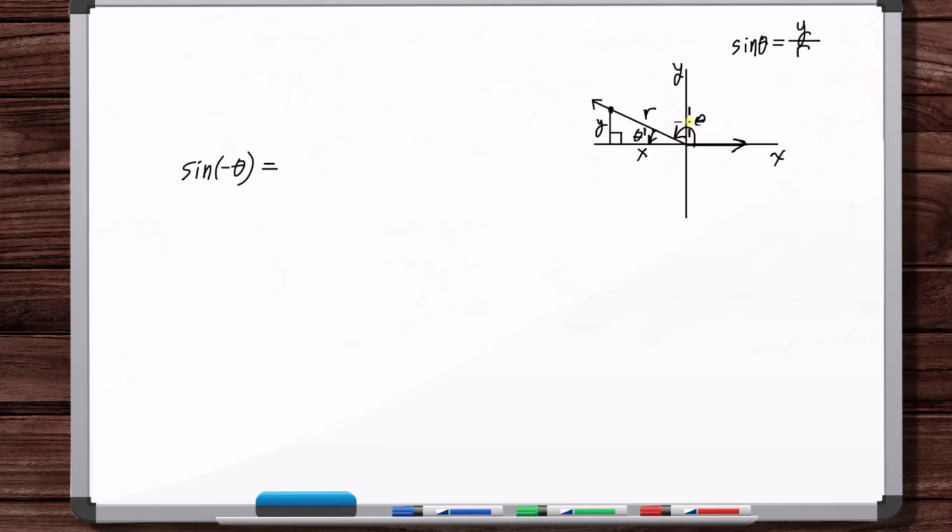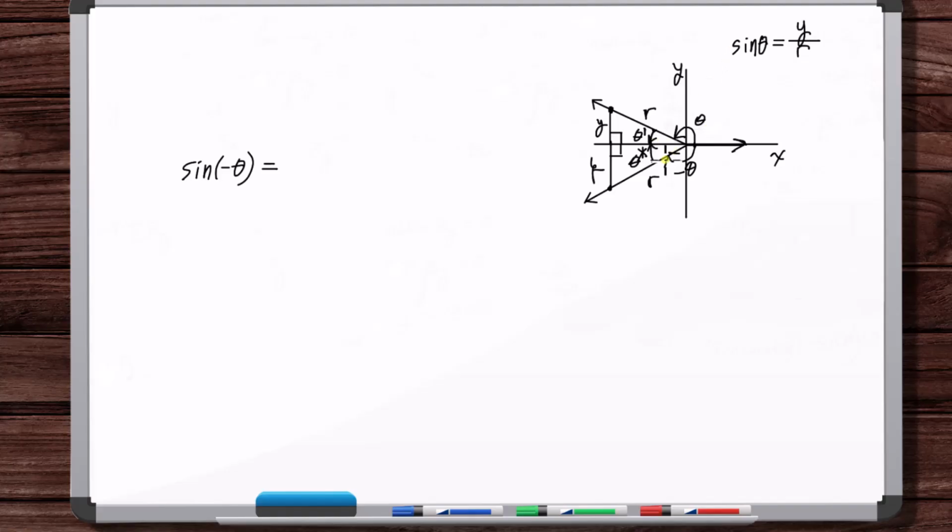So it looks like we went about 60 degrees past the vertical, so go 60 degrees past the vertical, and we're about here. That's negative theta. What you can notice is that theta and negative theta are going to have the same reference angle, theta prime, with the exact same r, y, x.